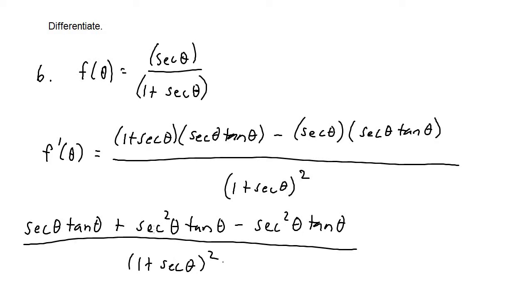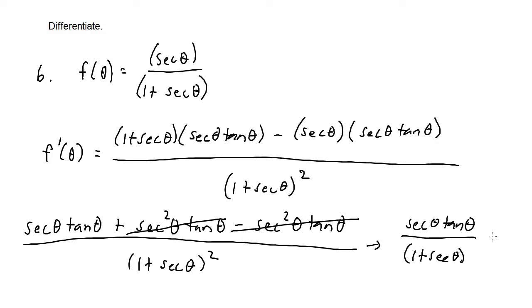Now realize secant squared tangent, the positive and negative versions will cancel, so then we're left with secant theta tangent theta all over 1 plus secant theta squared. And that's the final answer for f prime of theta.